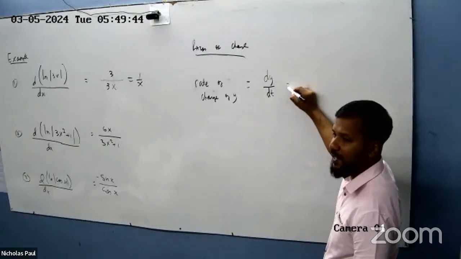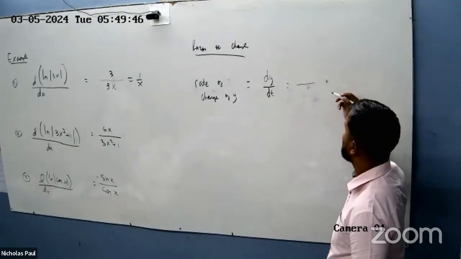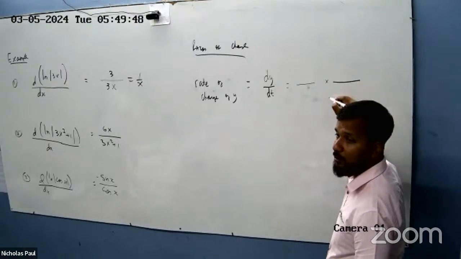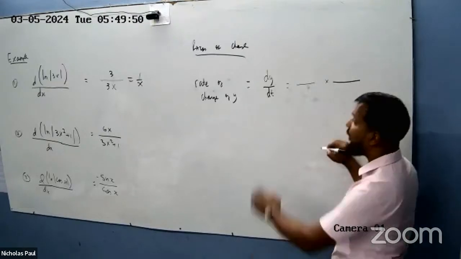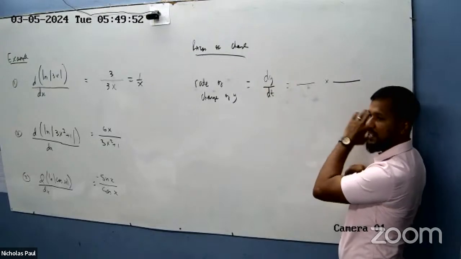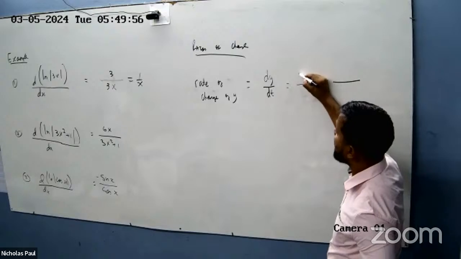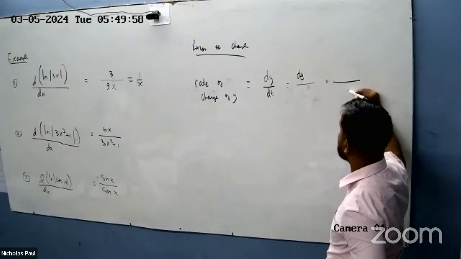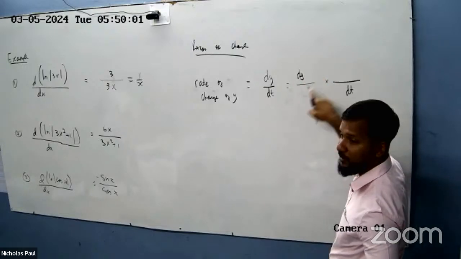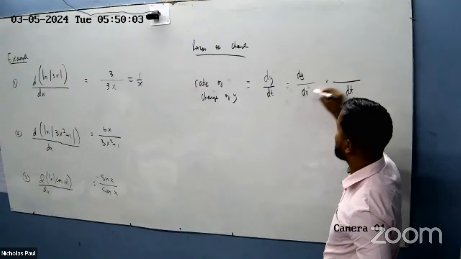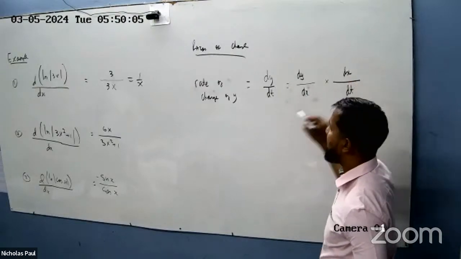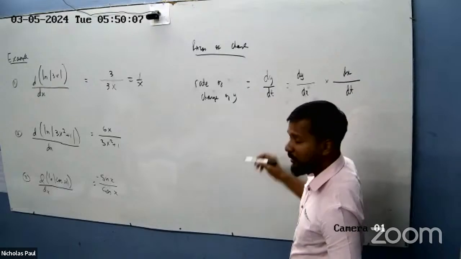But how do you find these things? You use the chain rule. If they give you x and t, one side is dy, the next side is dt, and the variable goes here. Same thing if you have dV/dt, and so on.